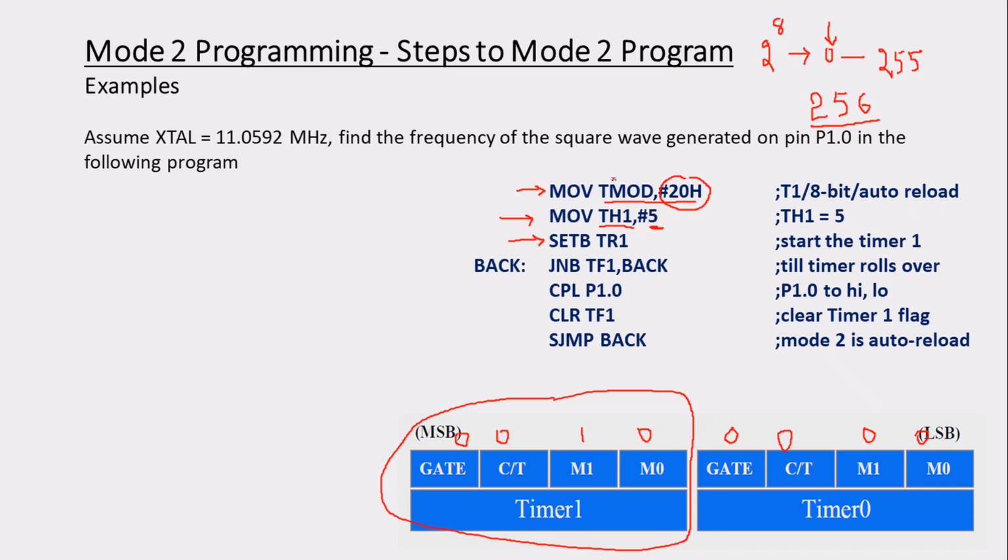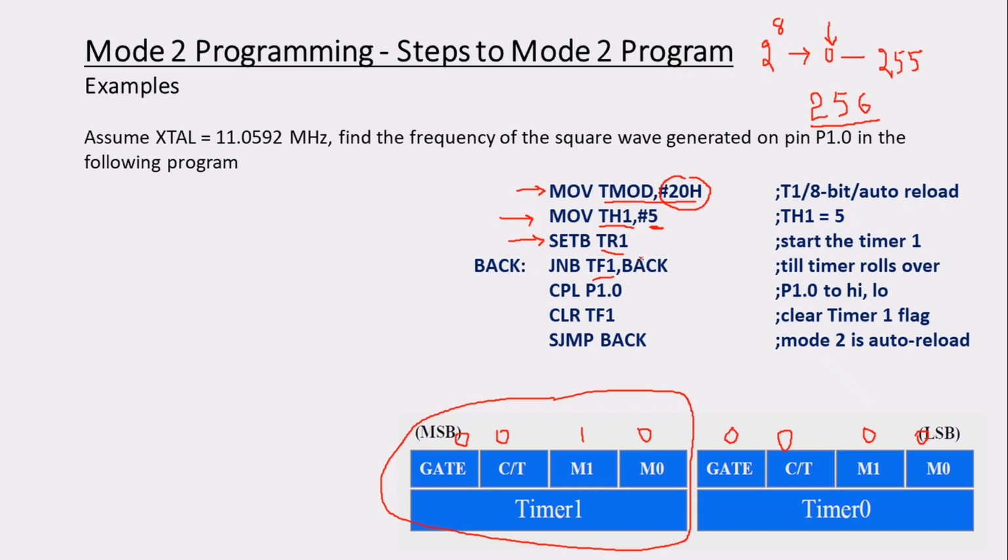Since we have used timer 1, we are using SETB TR1, start the timer 1. Once the timer has been started, at that time I should keep an eye on my TF flag. So here we had an instruction JNB TF1, target.